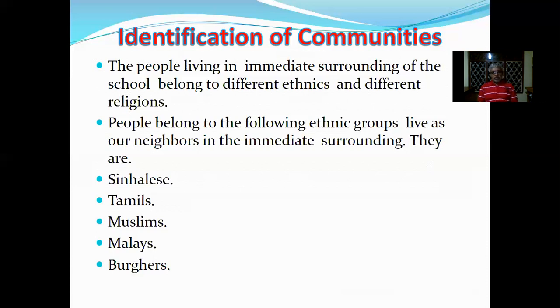Sometimes in some immediate surroundings, all of them may not be found, but you will have to keep in mind these ethnic groups can be found in Sri Lankan society. They are Sinhalese, the majority, then Tamils, Muslims, Malays, Burghers.